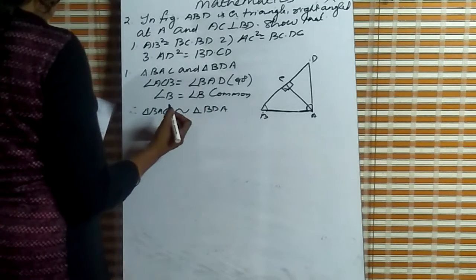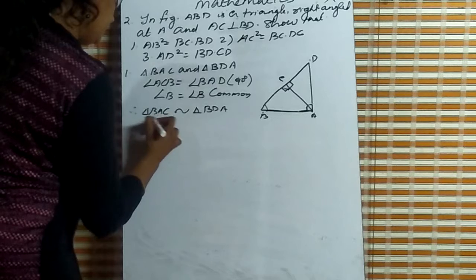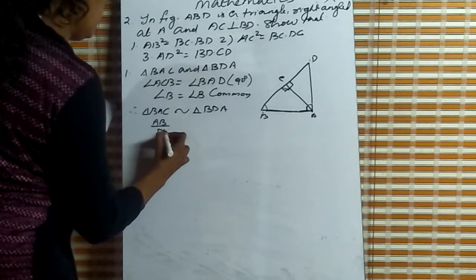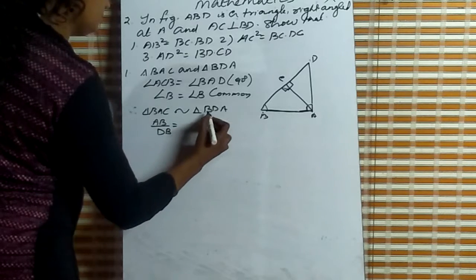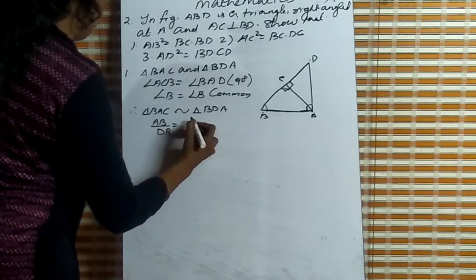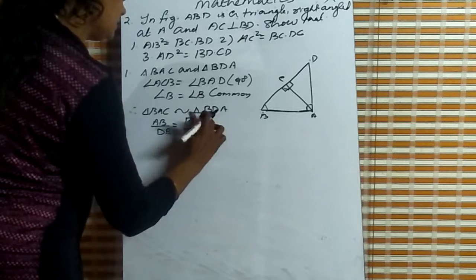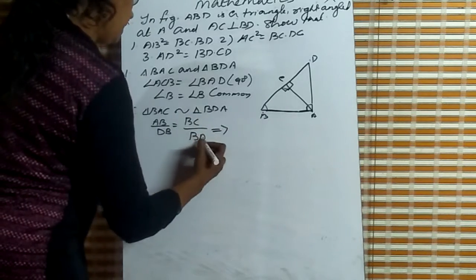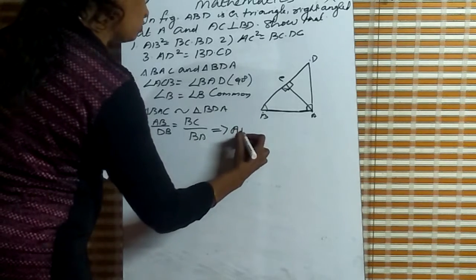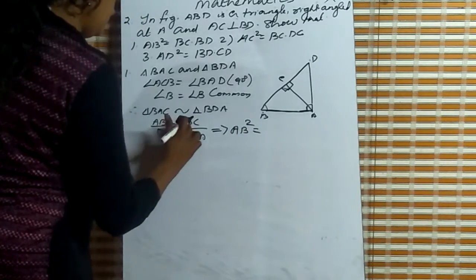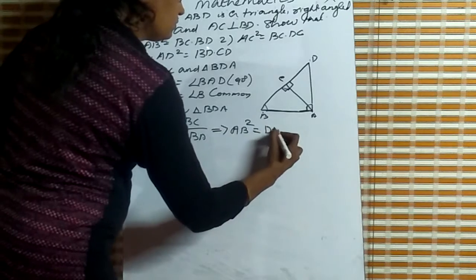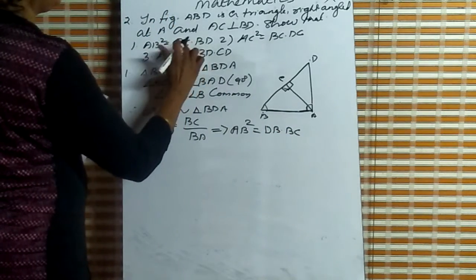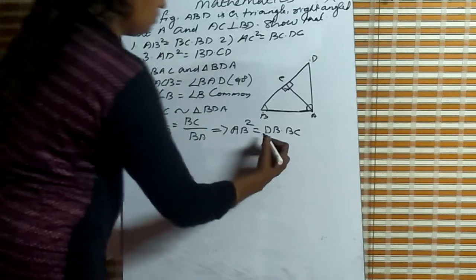Comparing its sides, AB by DB is equal to BC by BA. Cross multiplication: AB into BA is AB square is equal to DB into BC. That is first. AB square is equal to BD into BC.